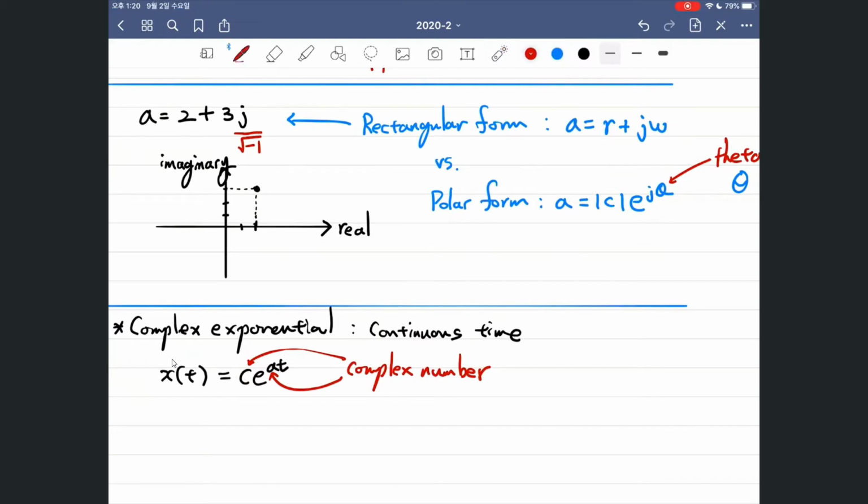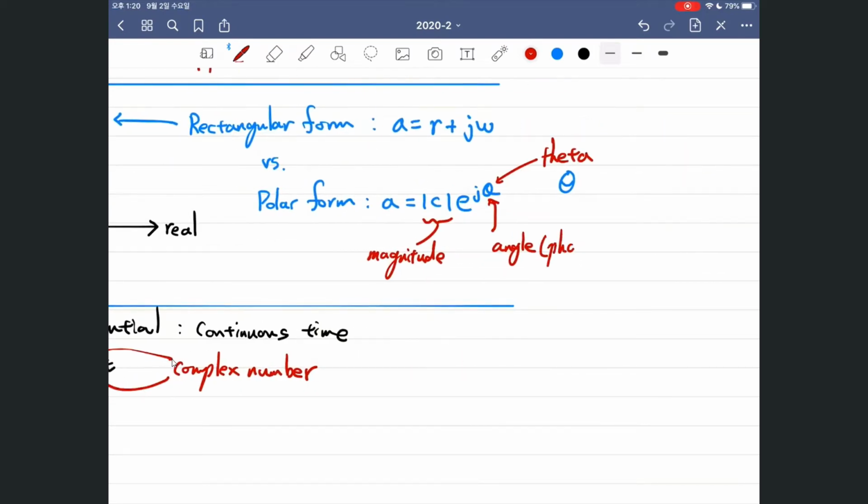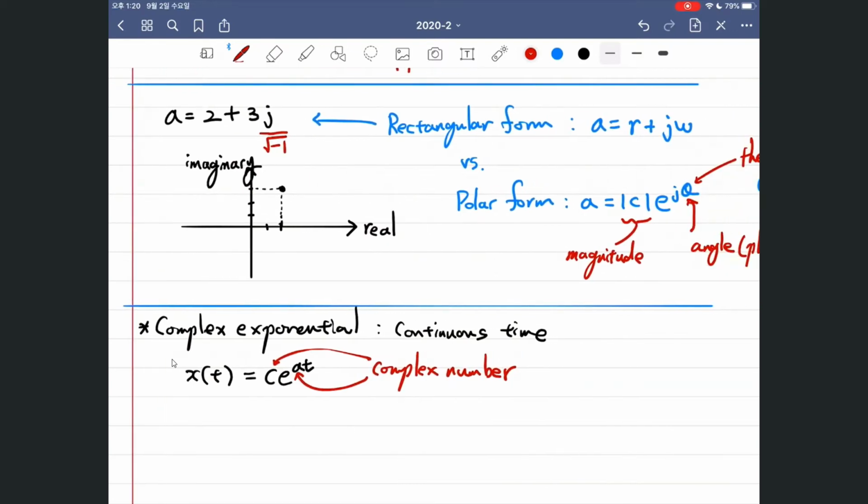So in polar form, this refers to the magnitude, and this theta here is an angle, or sometimes someone calls this a phase. The reason why I draw this is, with the rectangular form, you just count the value of the real part and imaginary part respectively. But with the polar form, the distance from the origin to the value here is the magnitude.